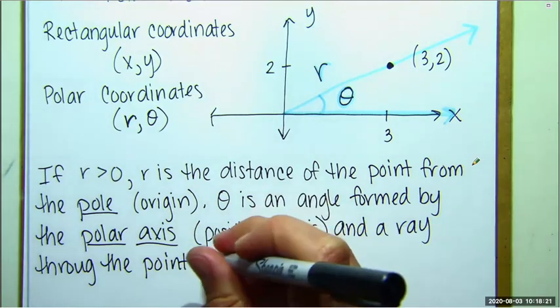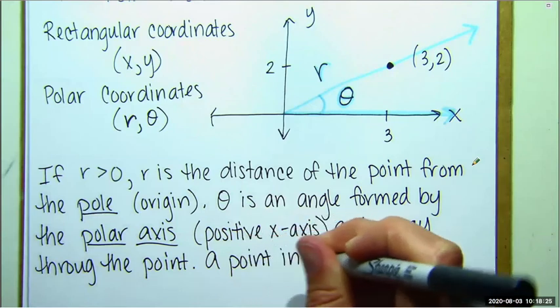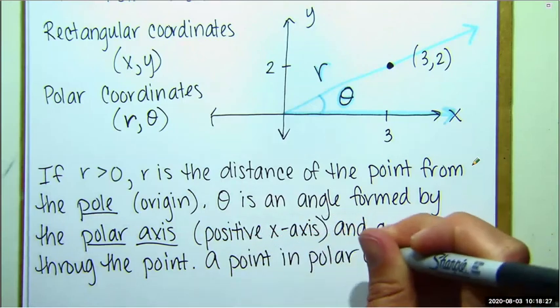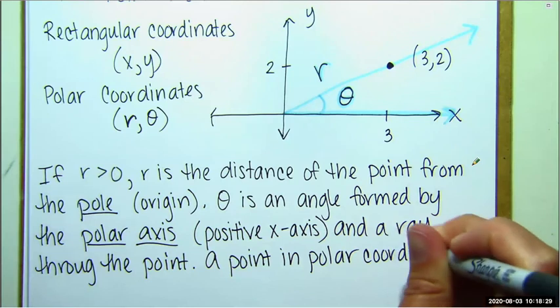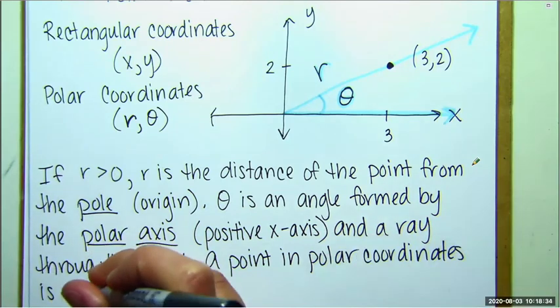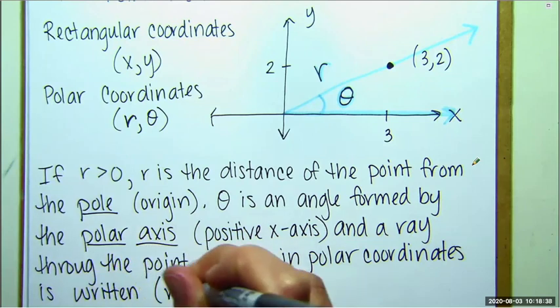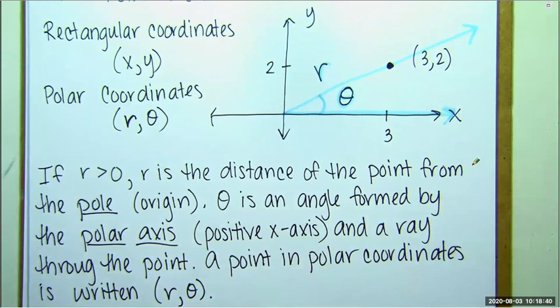A point in polar coordinates is written r, theta. I'll give you guys a second to jot that down.